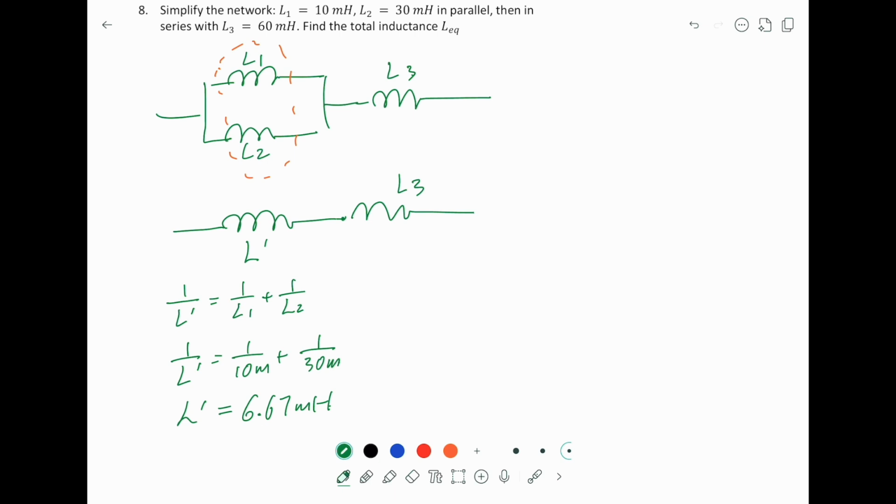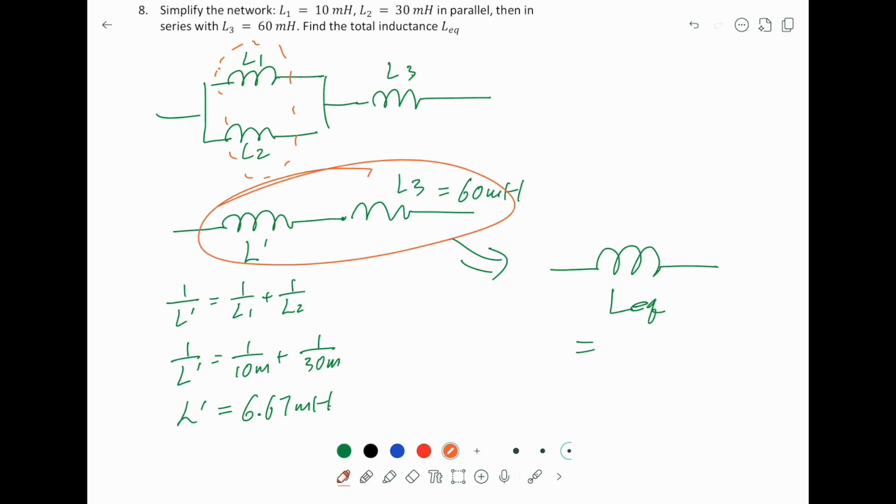L3 is equal to 60 millihenry. So their total equivalent is the sum, we just add these two together: 6.67 millihenry plus 60 millihenry, so it's 66.67 millihenry.